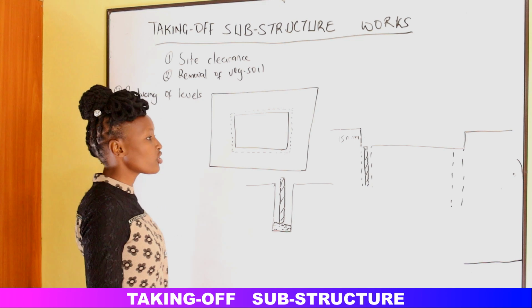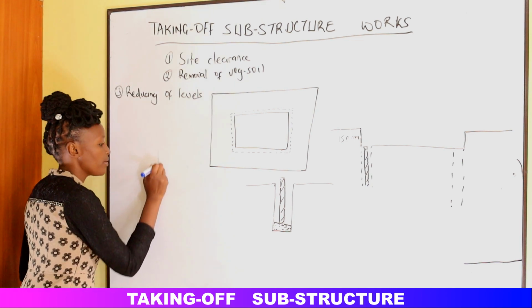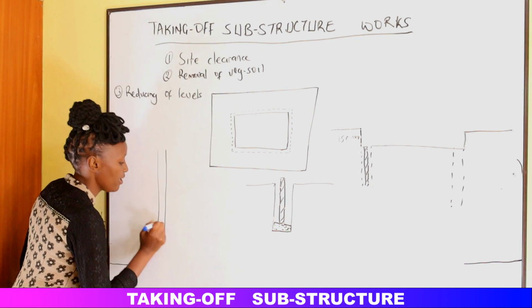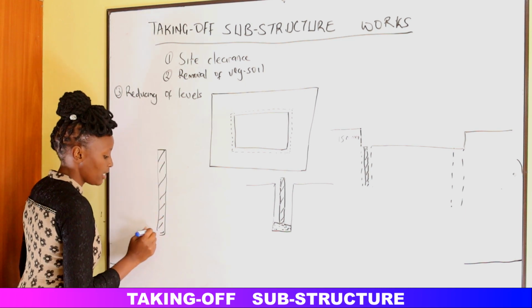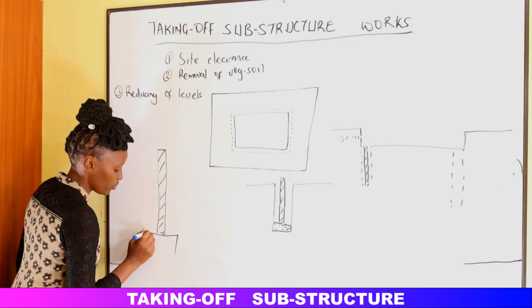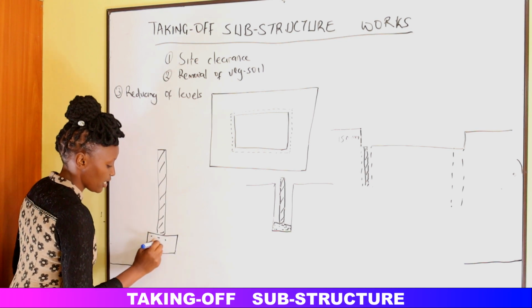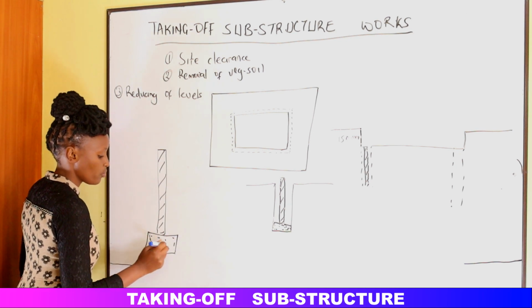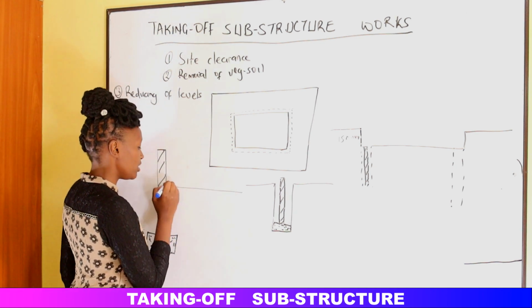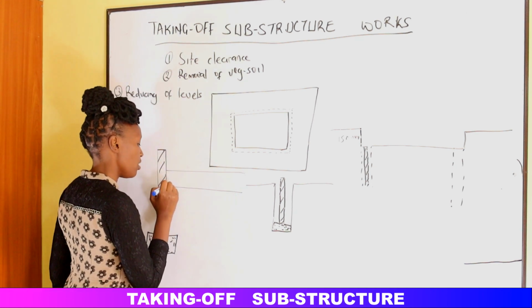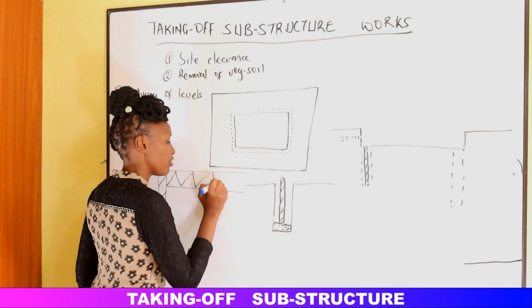So in the structural drawings, maybe we had the structural drawing here. This was the wall. Then the wall had concrete below here. We had been told that from this level is where we shall lay the hardcore.